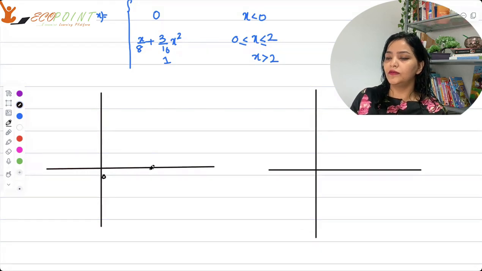So here you have 0 to 2, and here you have again 0 to 2. Your PDF will start from 1 by 8, because when x is 0, your probability density turns out to be 1 by 8, and it goes like this in a linear fashion, because that's a linear function, as you can see.